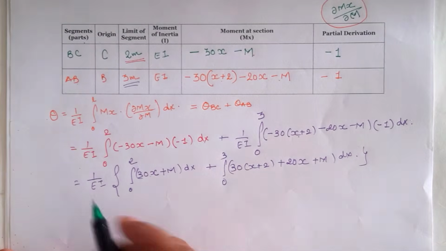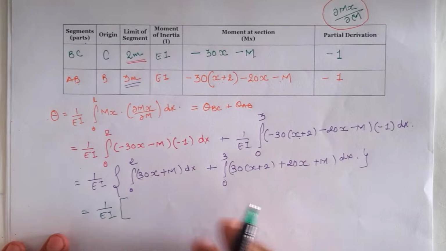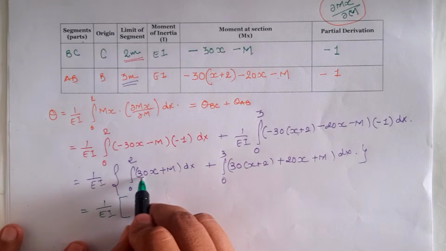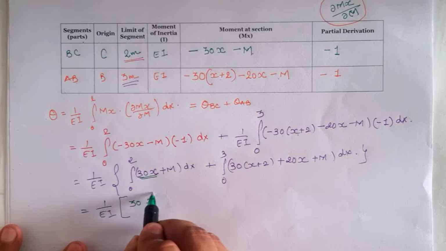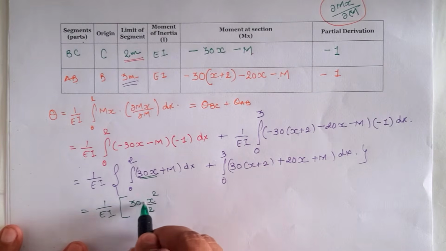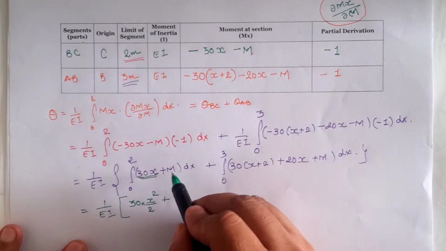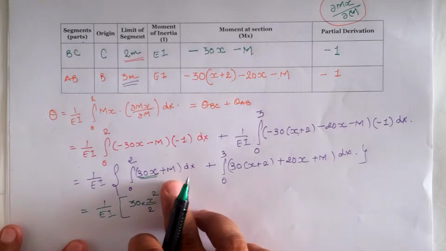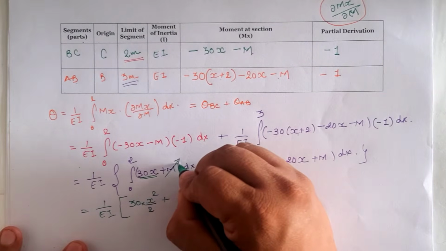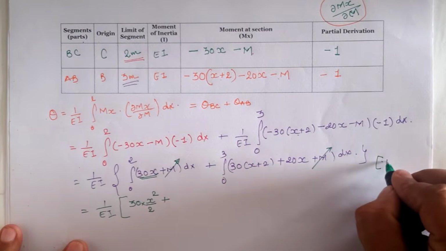Now solving this term, the integration of 30x with respect to dx is equal to 30 x square by 2. Now we know that M is an arbitrary moment at the location of C; there isn't an external moment, hence the value of moment is 0 in both terms.